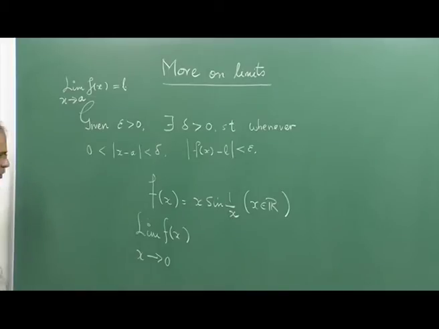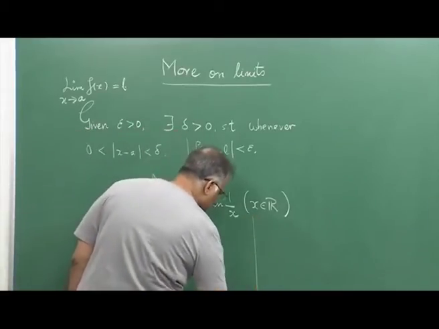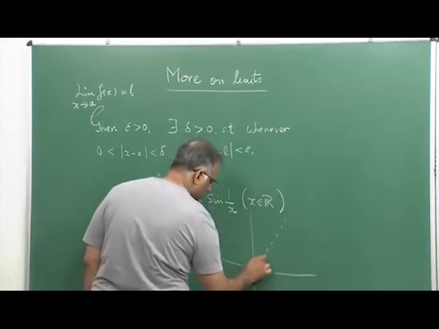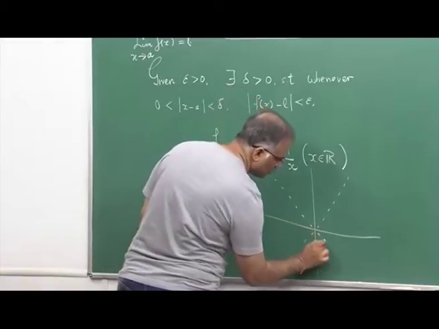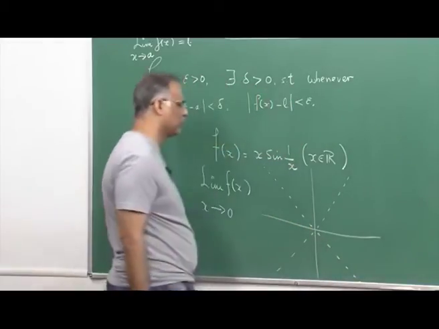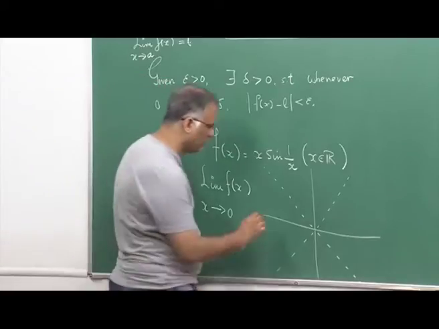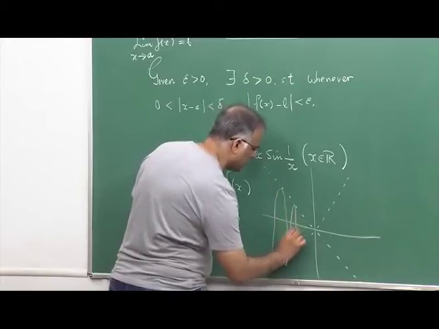This function, if you draw the graph, would look something like this. Maybe I should draw it here. Okay. Now, the function oscillates like this.